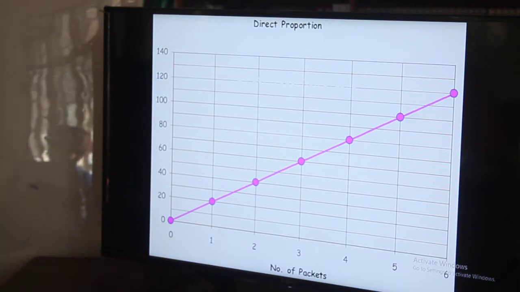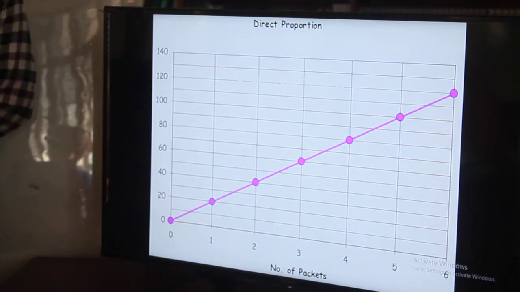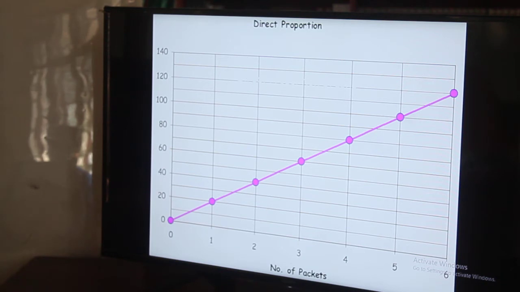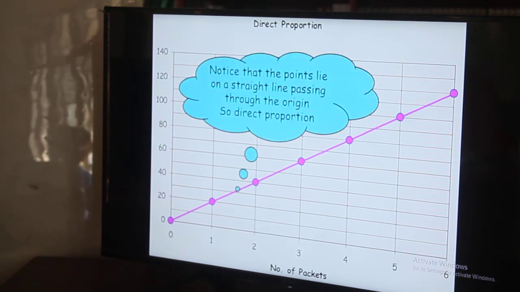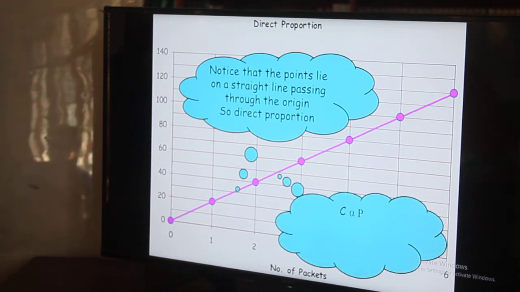This is a direct proportion graph, a straight line from the origin. Notice that all the points that we have marked here are lying on a straight line. So this is a direct proportion graph. That's how we draw it.